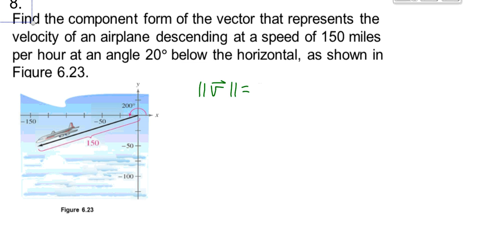What's the length of that vector? 150. So 150 miles per hour, so we're just saying it's 150 in 1 hour. And what's our direction? Our direction theta is 200 degrees. And now we just want to find that vector from that other page.